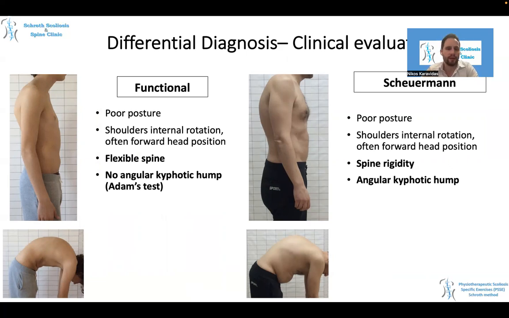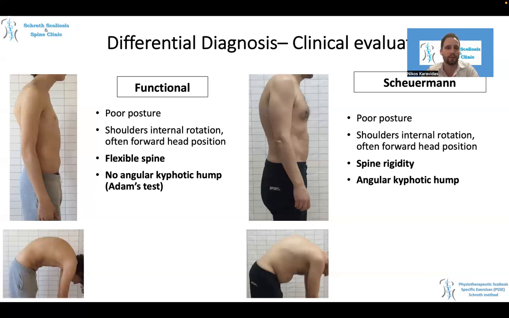Please always remember that when you evaluate a patient, you will need to start with a clinical evaluation. This is the normal way to start, and of course to help your clinical reasoning, so that you take a look at the patient in front of you and then you double check on the x-ray to confirm your clinical diagnosis.